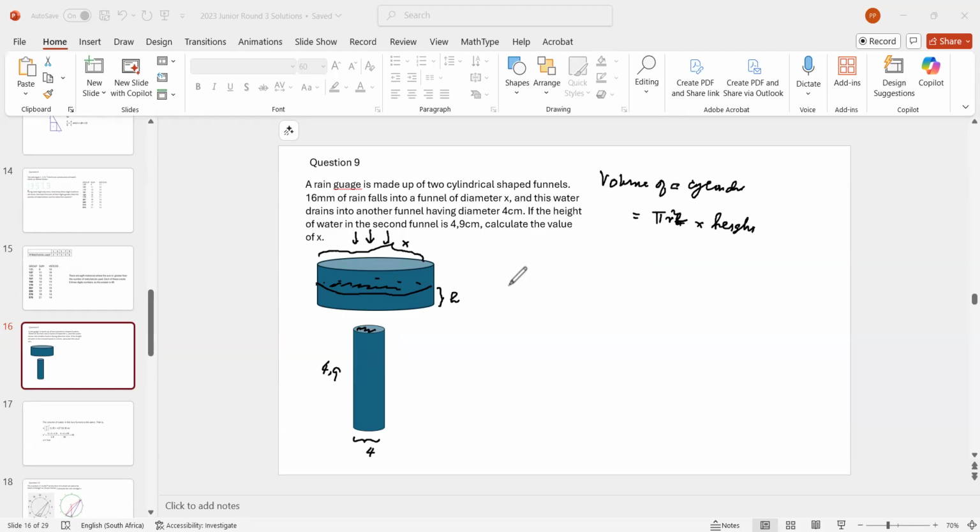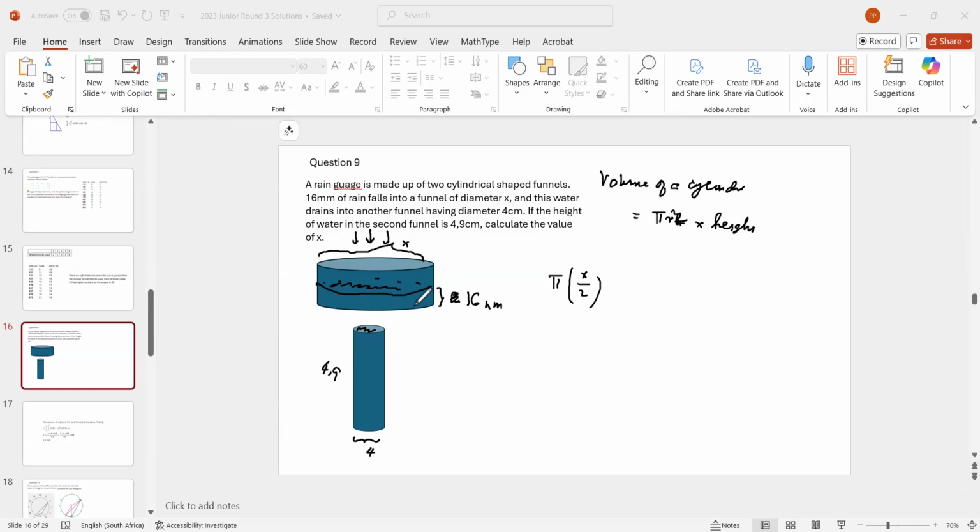So this is 16 millimeters. So I should have put 16 here. Right. So that's the height of that. That's 16 millimeters. All right. So the volume of the water here is pi times, this is a cylinder, and the diameter is x, so the radius is x over 2. We're talking about the water here now.